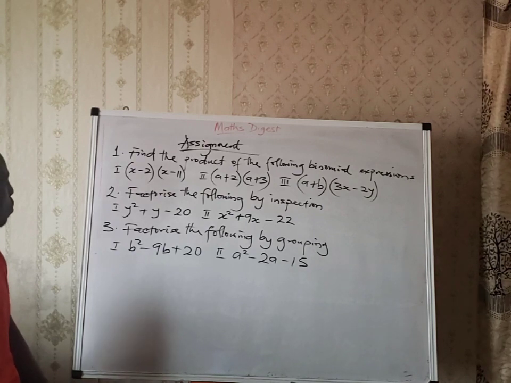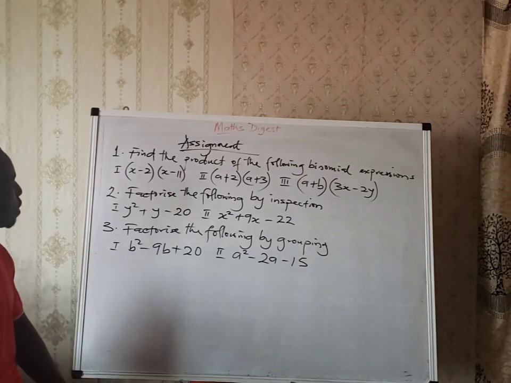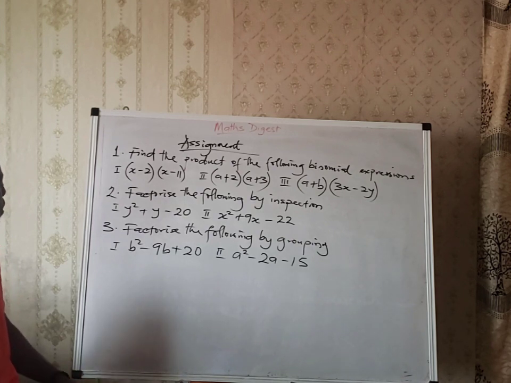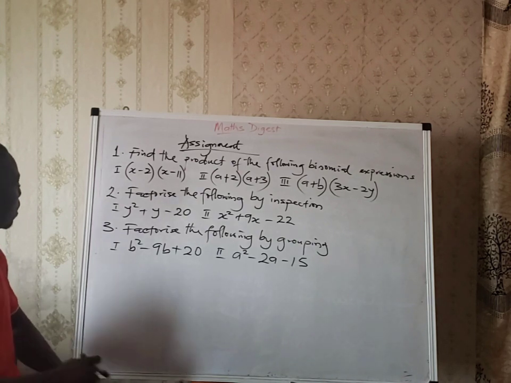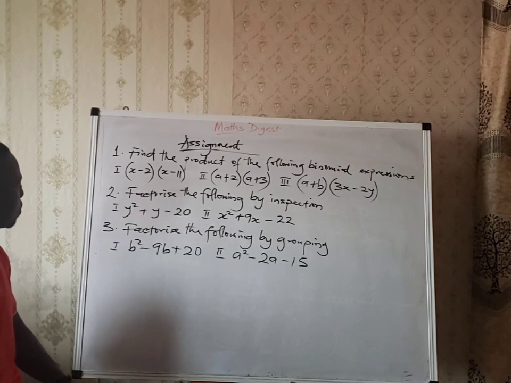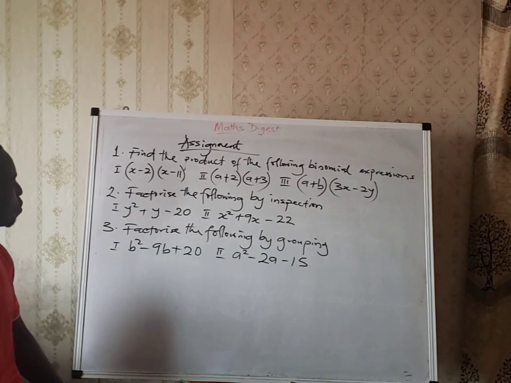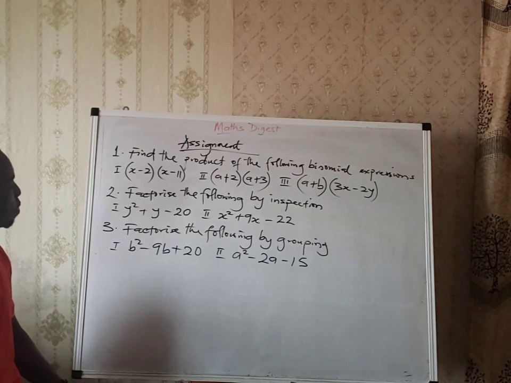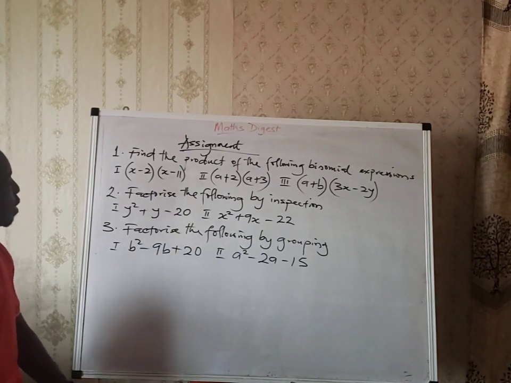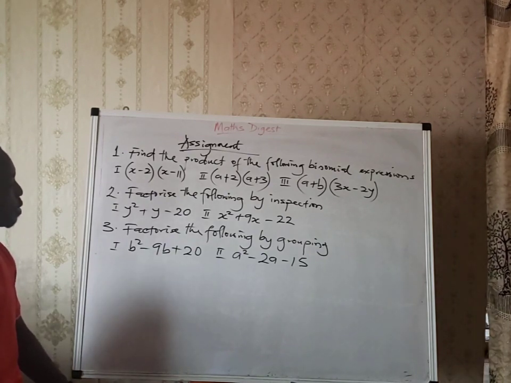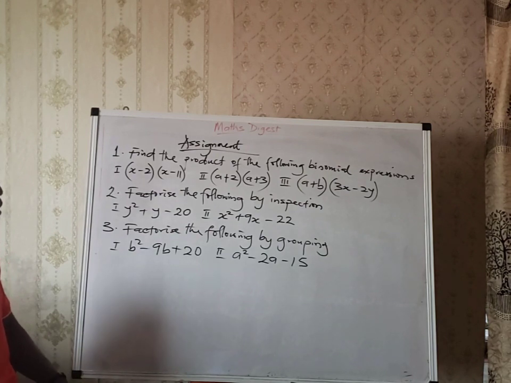Then coming to question number 2, factorize the following by inspection. The first says y squared plus y minus 20. Then the second says x squared plus 9x minus 22.